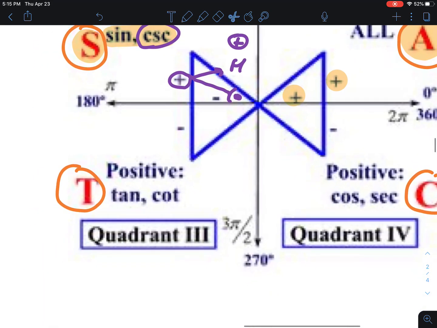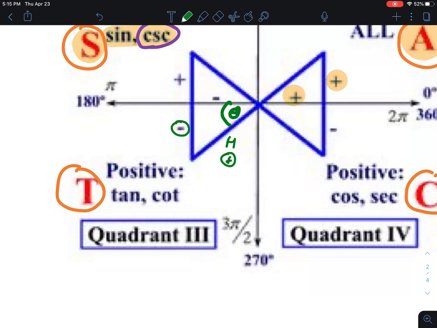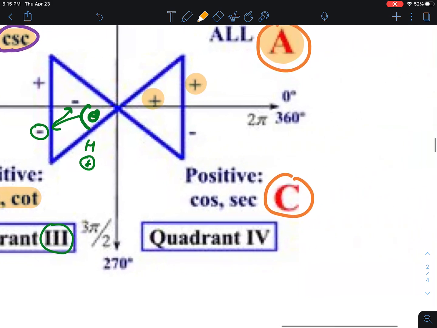Same exact idea down here, where I have theta, opposite, hypotenuse. Now that's negative, because the hypotenuse is always positive. Adjacent over hypotenuse is still negative, but tangent is positive because it's opposite and adjacent, negative over negative, so that's going to be positive. So in quadrant 3, the only thing that's positive is tangent and its reciprocal, cotangent.